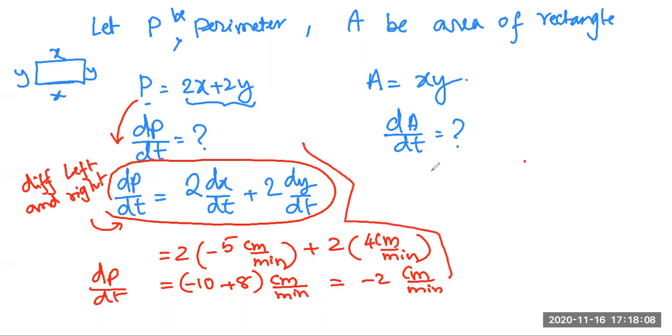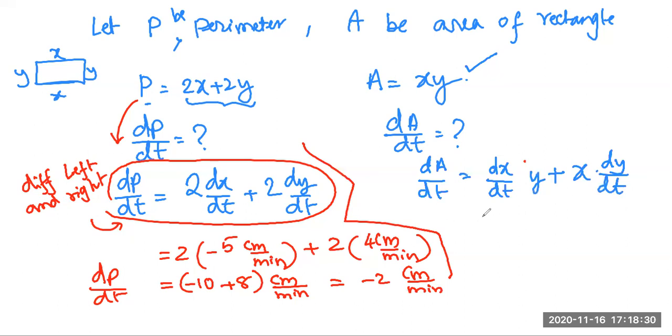Now comes area. We said the area formula is this. So for dA by dt, we have to use the product rule here. First we differentiate x, dx by dt, keeping y constant. Second, keep x constant and differentiate y, dy by dt. So dx by dt is minus 5 centimeters per minute into y, plus x into dy by dt, which is 4 centimeters per minute.